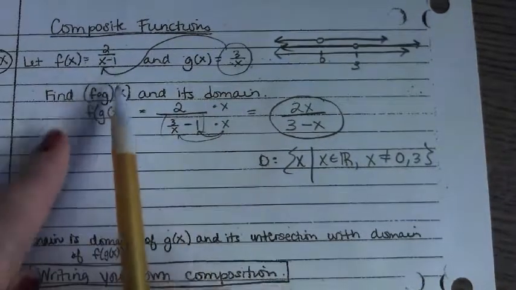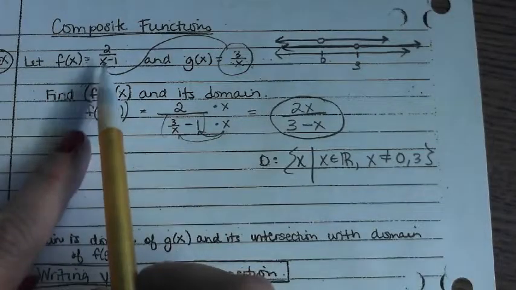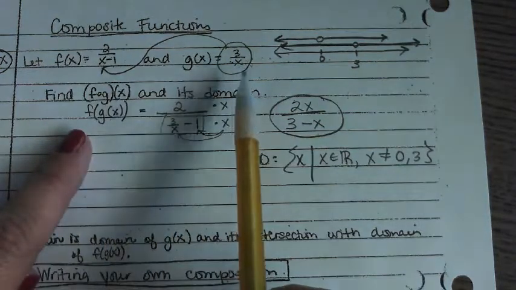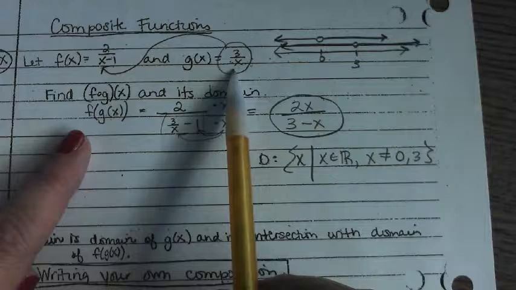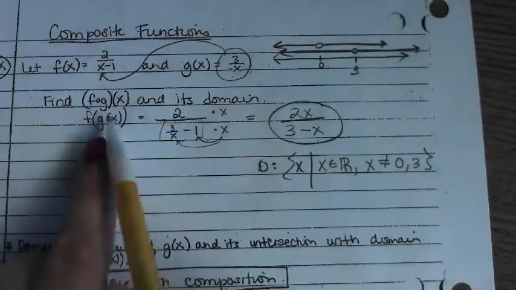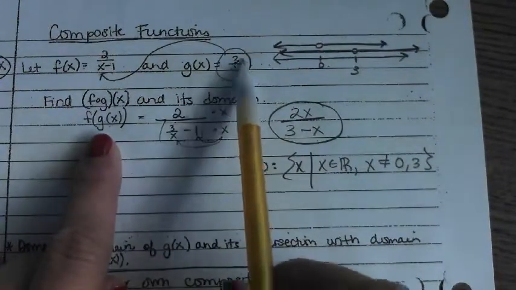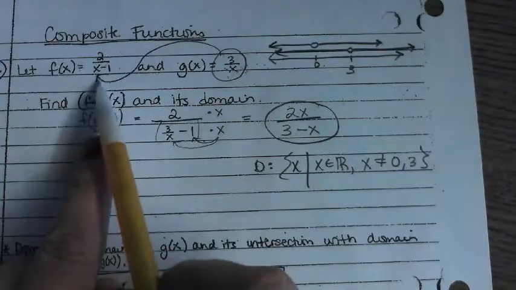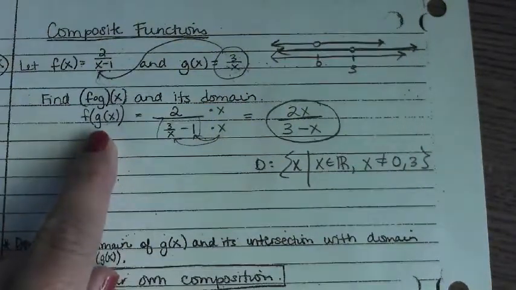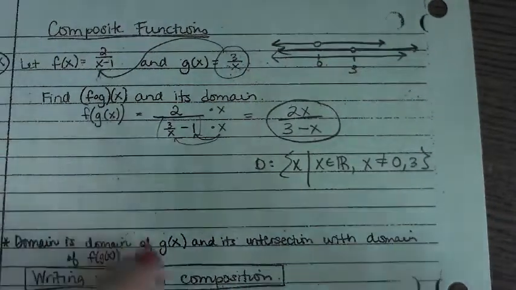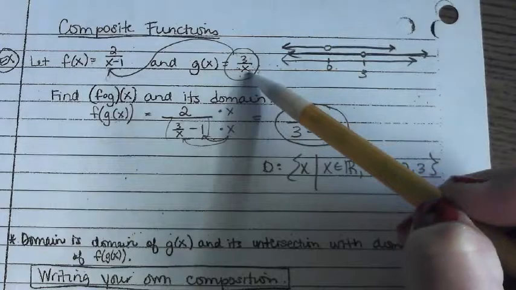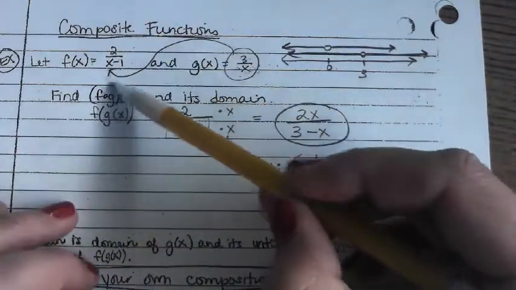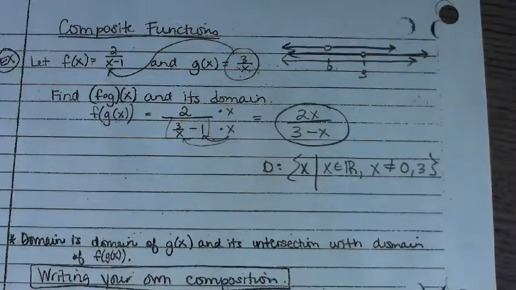So we cannot plug a 1 into f of x. That's why 3 gets restricted. Because if we did g of 3, that's not the problem. 3 divided by 3 is 1, but that creates the 1 that we would then plug into f of x. That would make it a problem. So plugging in a 3 to the g of x creates a 1, which creates a problem going into f of x.